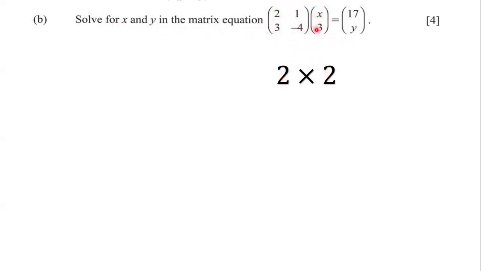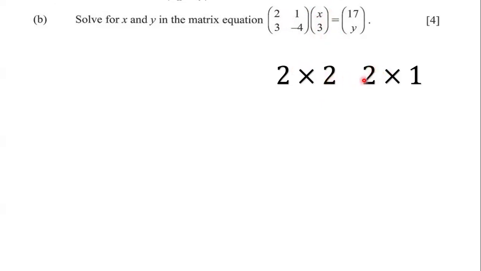And if we look at this matrix right here, it has an order of 2 by 1, not 2 by 2, but 2 by 1, because it has 2 rows but 1 column. So notice that the first matrix is of order 2 by 2, the second matrix is of order 2 by 1.